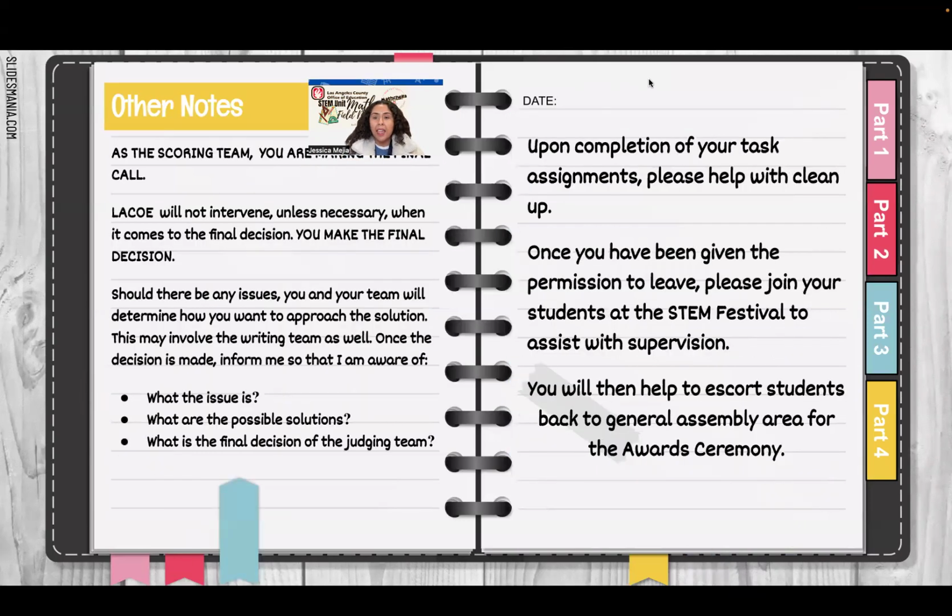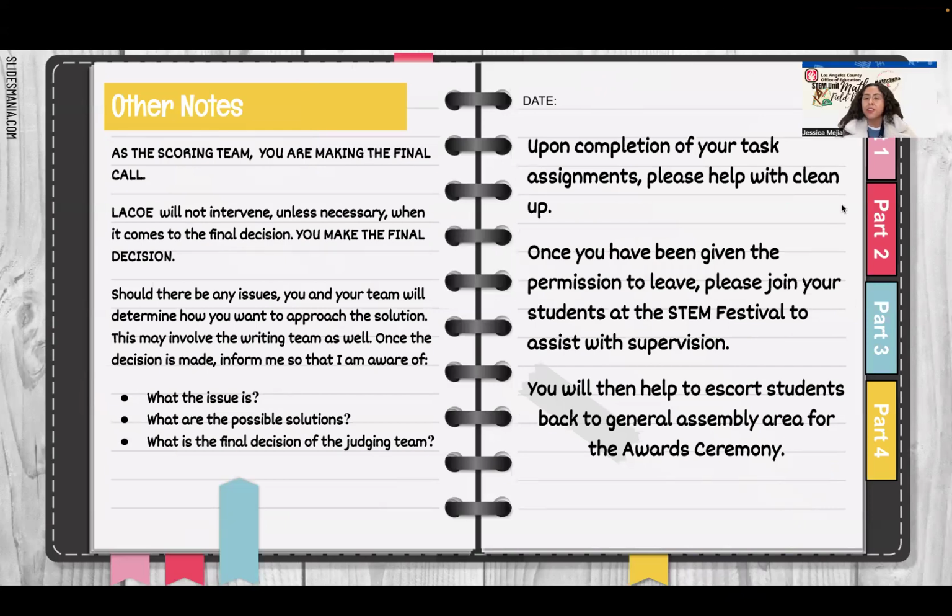All right, and this is our last part of our training. So some other notes to keep in mind for the event. You are making the final call, right? So you as scorers at your table are the ones in charge of making that final decision. LACO will not intervene unless absolutely necessary.